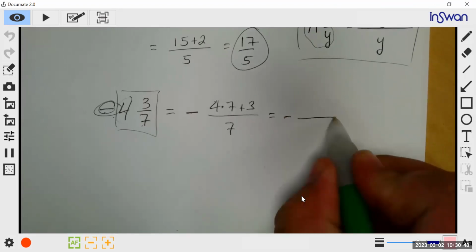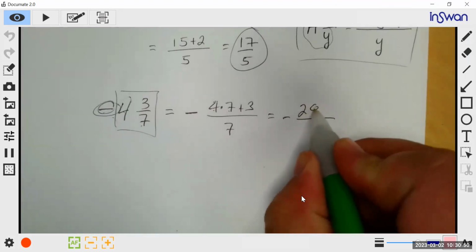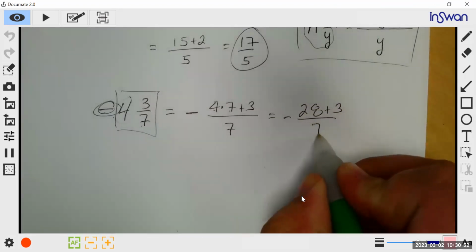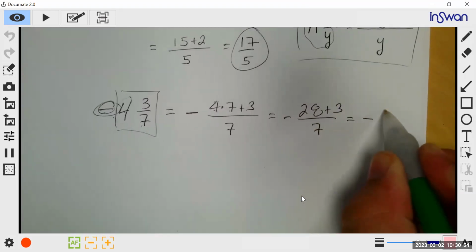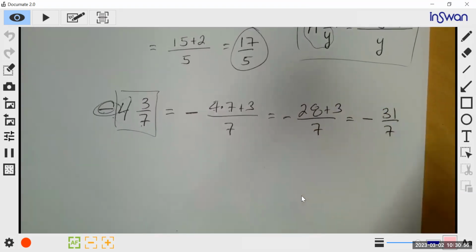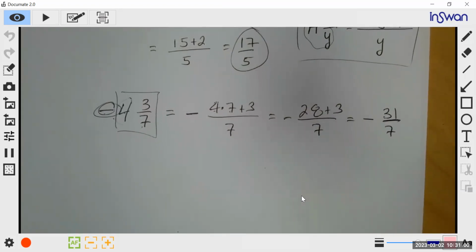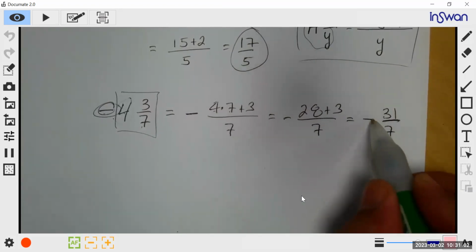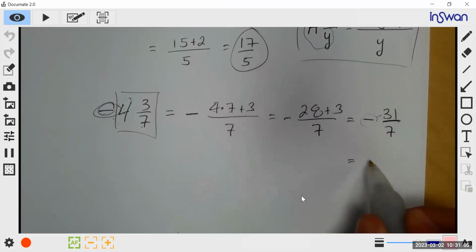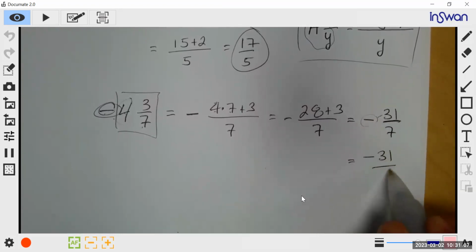So 4 times 7 is 28, plus 3/7. That's -31/7. Now, if you have a negative in front of a fraction, you can leave it like that, or you could put it with the numerator.